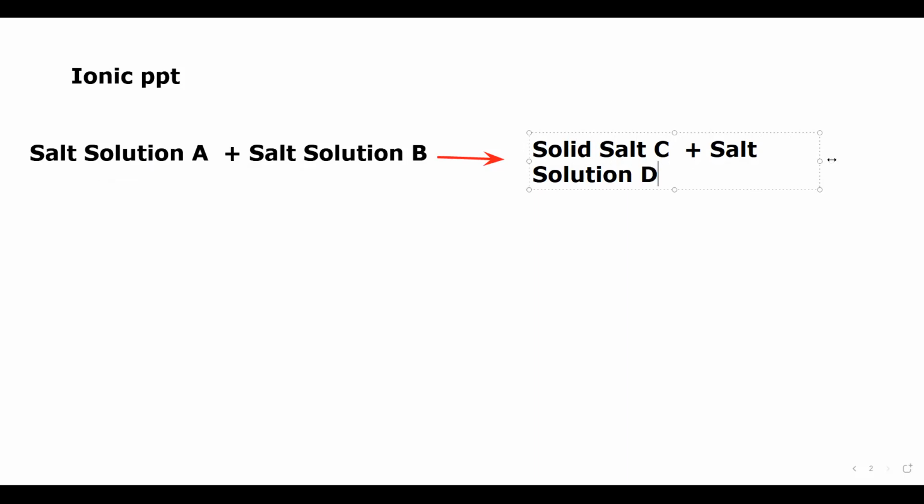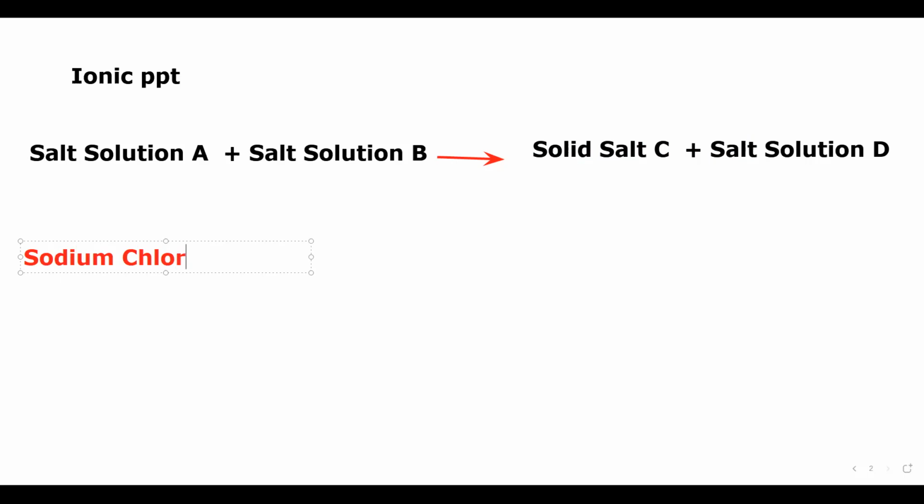And these equations are very easy to complete. How is it easy to complete? For example, if I say I have sodium chloride, which is a salt, mixed with silver nitrate. So sodium chloride is mixed with silver nitrate.